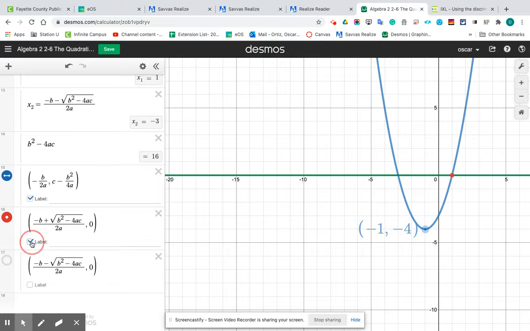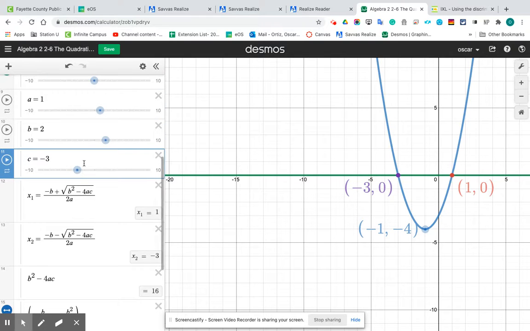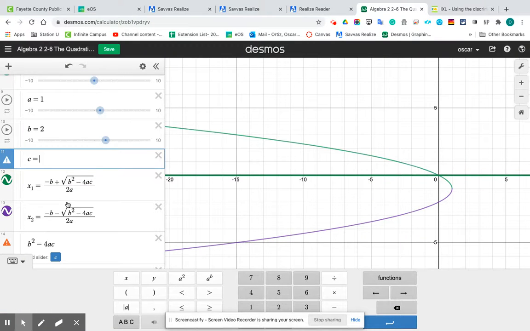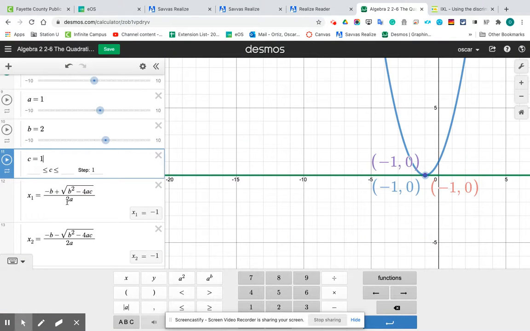One solution is going to be x equals 1, the other solution is going to be x equals -3. But of course, what if we keep moving that parabola upward? Like imagine that this is not even 1, like we said before. In that case, the vertex and the x-intercepts are all the same. So the solution to the equation will be just x equals -1.